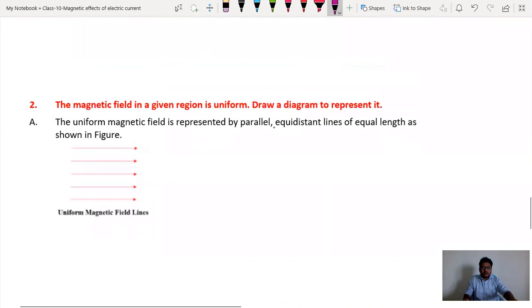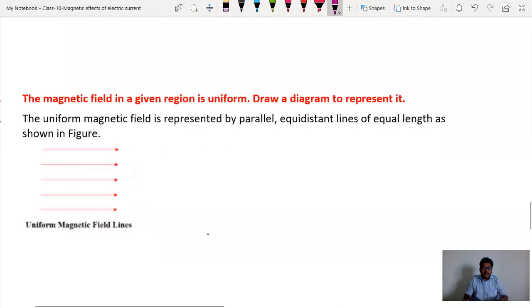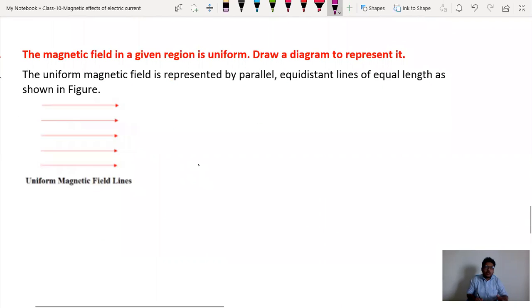Second, the magnetic field in the given region is uniform. They are giving one statement: draw a diagram to represent it. So whenever you see the magnetic field in a given region is uniform, it means magnetic field lines should be uniform.